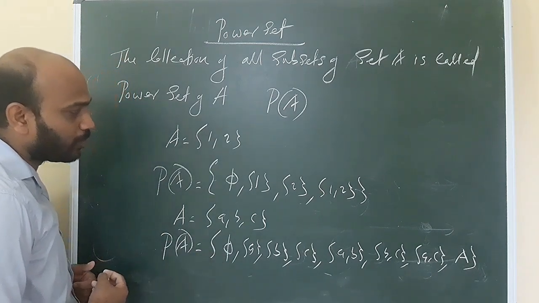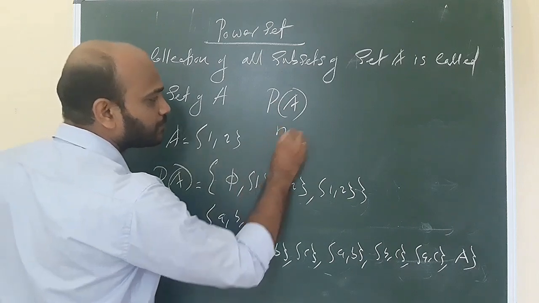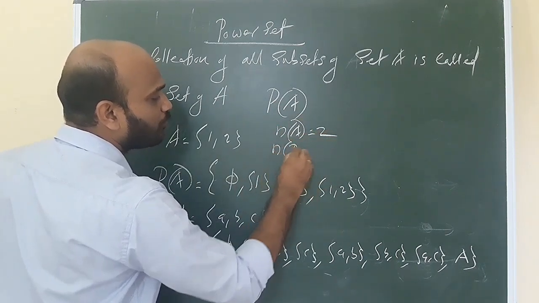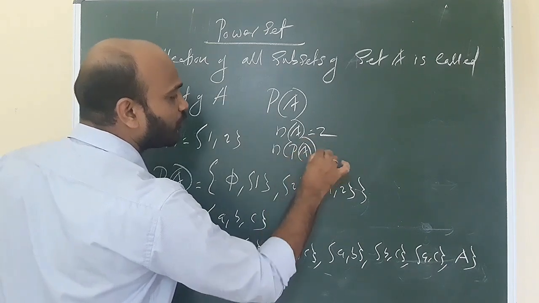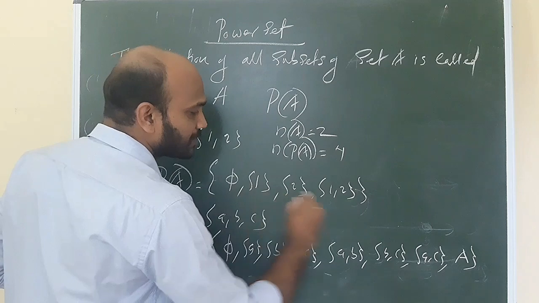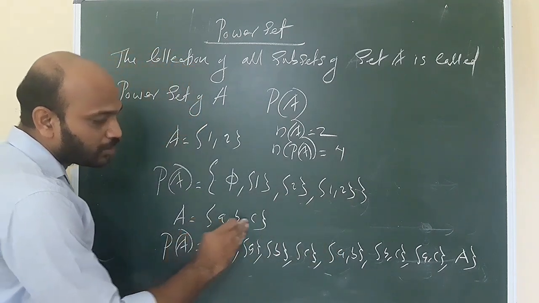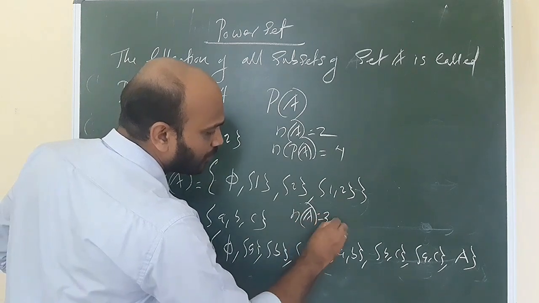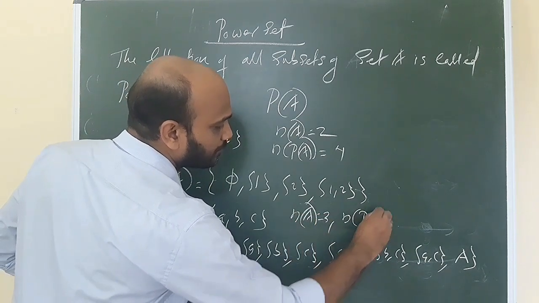Here you can form one formula. If n of A equal to 2, what is n of P of A? n of P of A means the number of elements in the power set. That is 4. 4 elements are there. If n of A equal to 3, what about n of P of A?